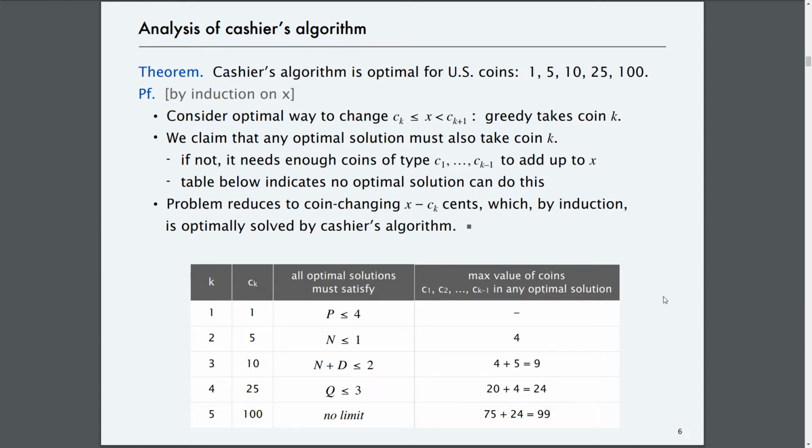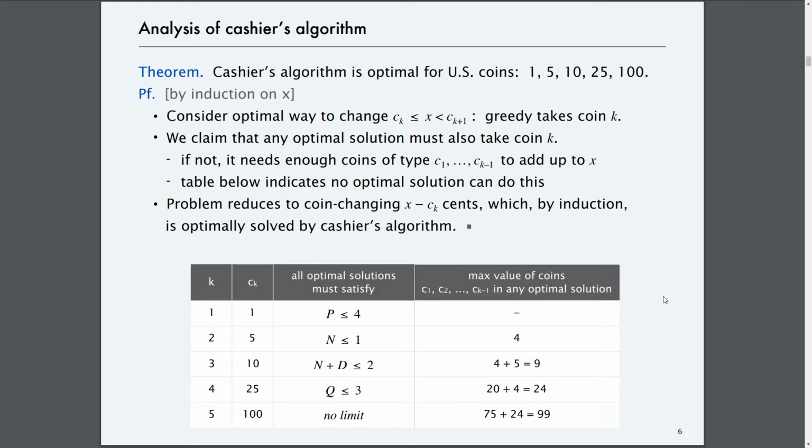Now we would claim with this algorithm that any optimal solution must take coin k. And if it doesn't take coin k, it would need coins which are less than coin k to add up to x, but with a smaller set size. And we have this table below which indicates that there's no optimal solution which can do this.